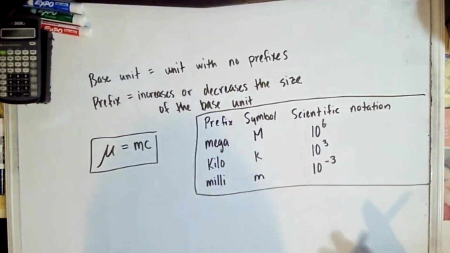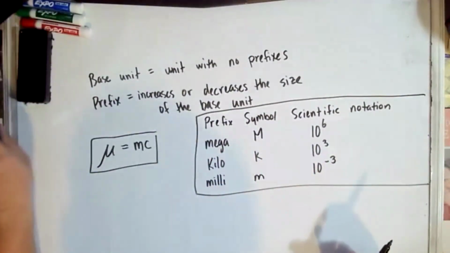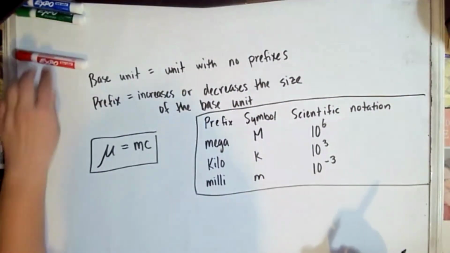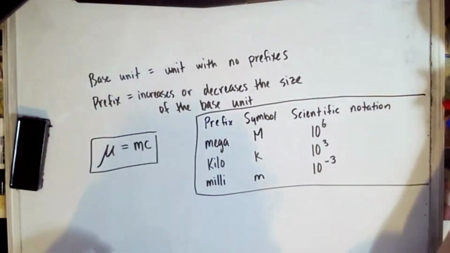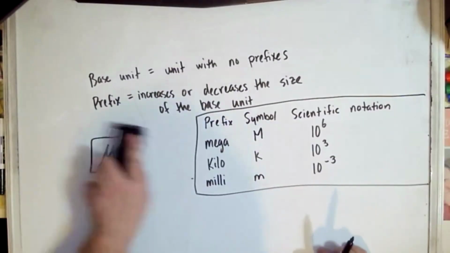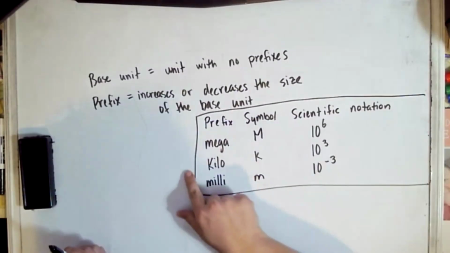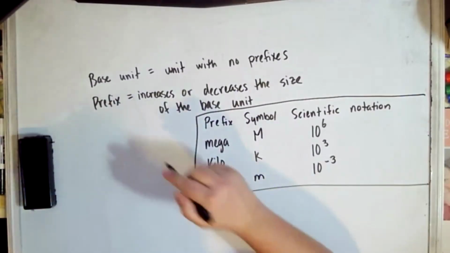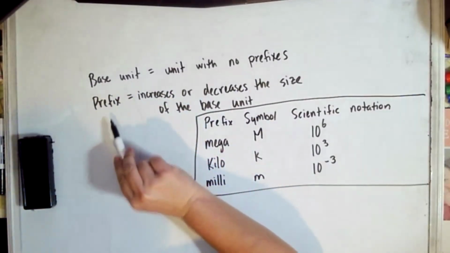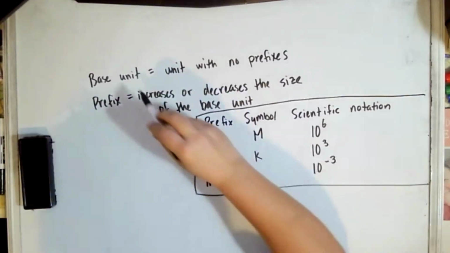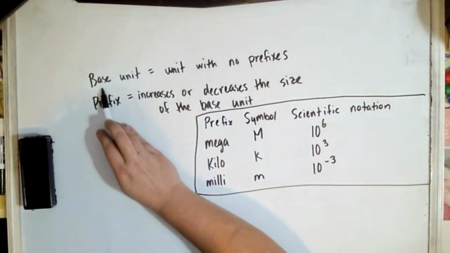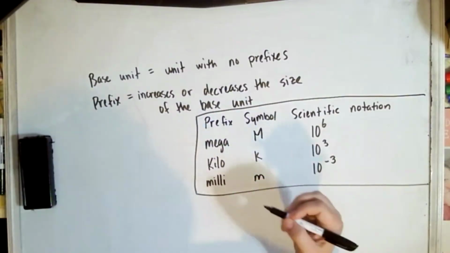What I want to do is practice making equalities from the values on our table. Now, if we go back up to the definitions that we wrote here, base unit and prefix. Base units are going to be any of the units that we use to describe those measurements that we've been practicing with.